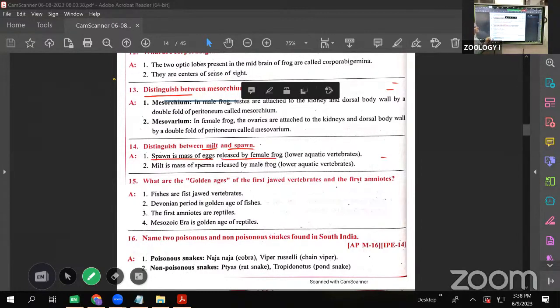The female frog releases a mass of eggs that we call spawn. Here, what is milt? Milt means a mass of sperms released by the male frog. Clear? The male frog releasing sperms is called milt, and the female frog releasing eggs is called spawn. Clear? Next.